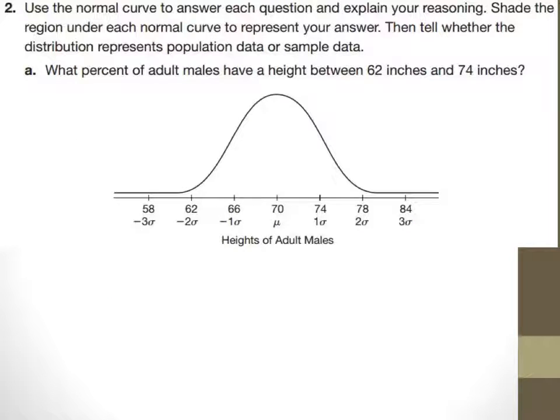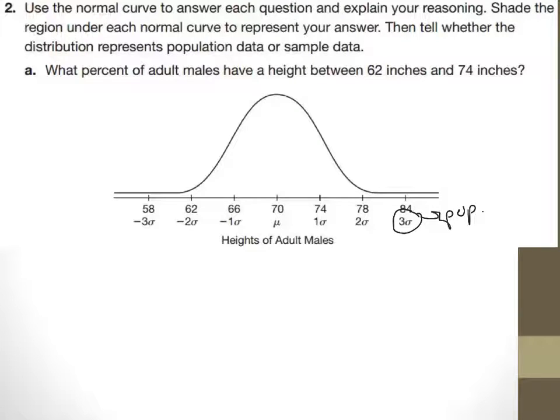Alright, so let's move on to something that actually has data, actually has a mean and a standard deviation, so that we can get an idea of how this is all going to look. They haven't shaded the region for us, so we will have to do that ourselves. Again, this is sigma, so we're specifically talking about a population.